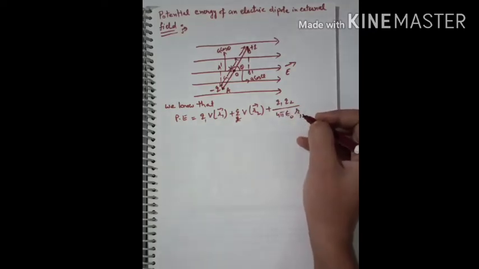This is the potential energy for two point charges in an external electric field.